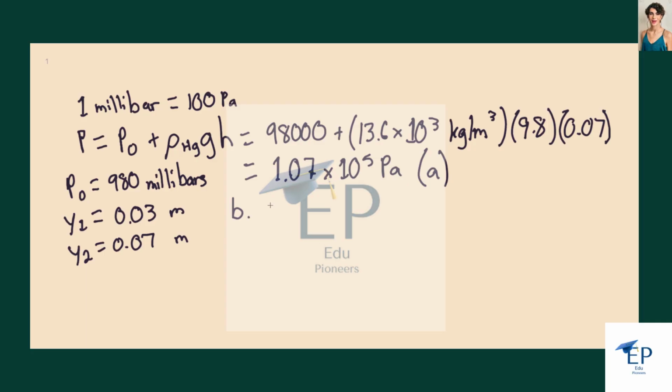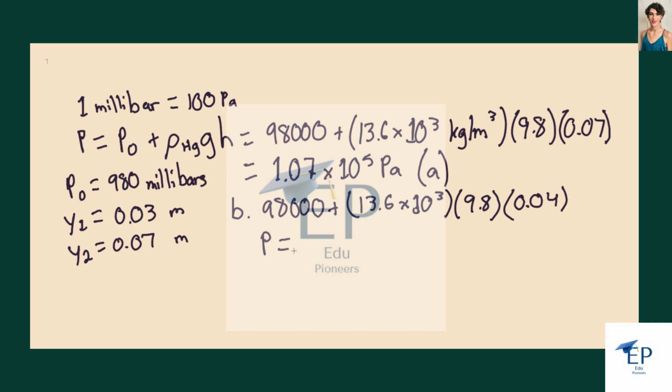So it would be, again, 98,000 plus the density of mercury times the acceleration due to gravity times the depth. And here they want us to use 4 centimeters, or 0.04 meters. So for part B, the pressure is going to be 1.03 times 10 to the fifth pascals. And this will be for B.